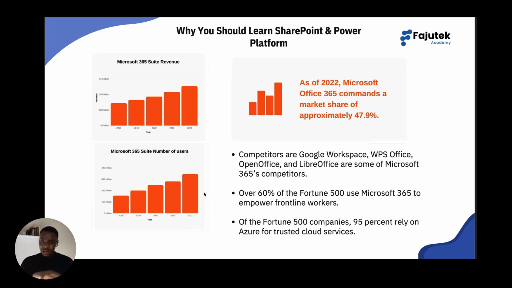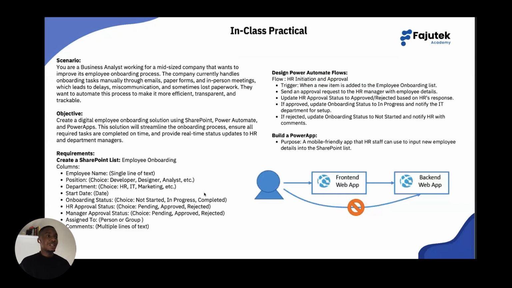How is this ecosystem actually growing? What are people using it for? Knowing that almost 50% of organizations use Microsoft 365 compared to their counterparts, I don't think there's any other information you need to decide what stack to go for.